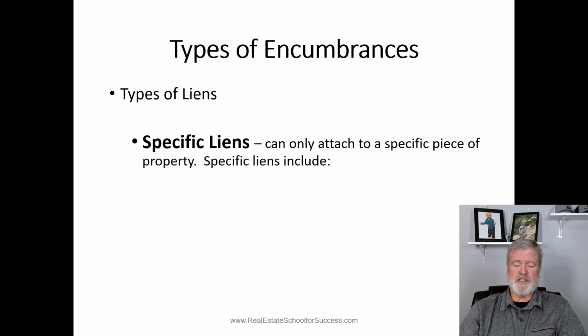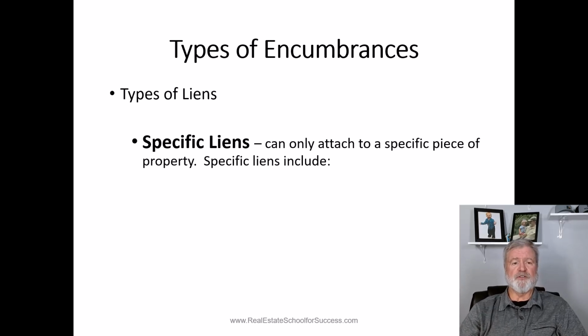Now, the reason these are called specific is that it's a lien that only attaches itself to one piece or parcel of property. In other words, a specific lien would not affect everything you own, just one particular piece of property. Okay, that's why it's specific and it doesn't include everything you own.